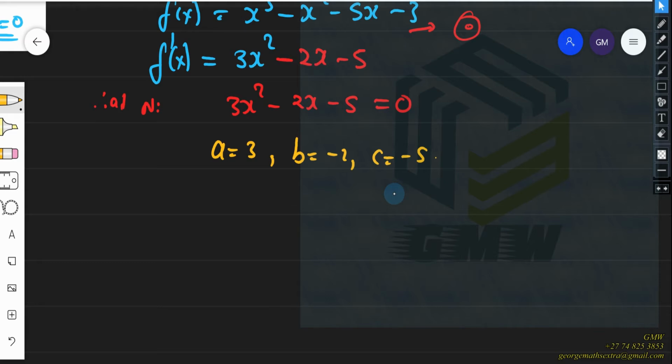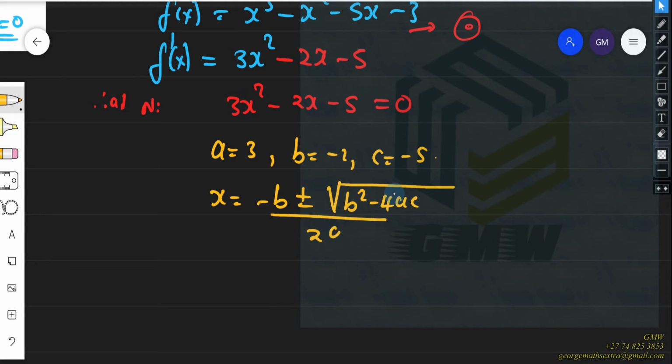So at this point, we are saying x is equal to minus b plus or minus the square root of b squared minus 4ac all over 2a, the quadratic formula. So it's negative. Now, this negative is for the formula. My b is negative 2, so I should include that negative.